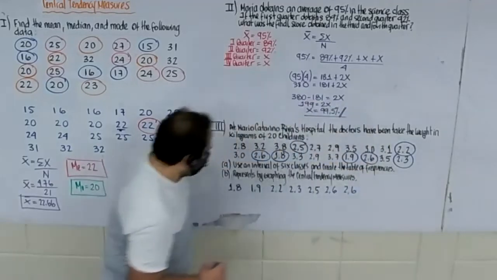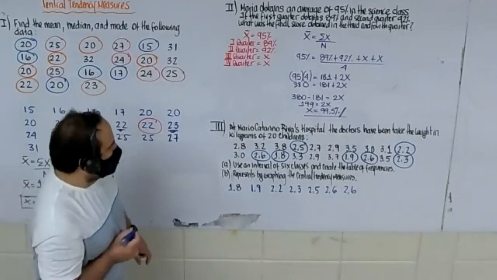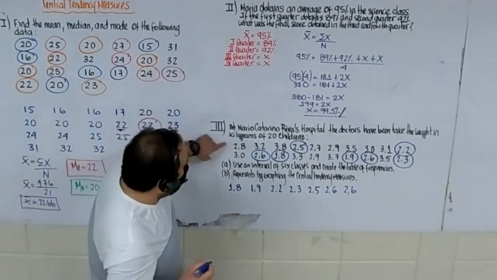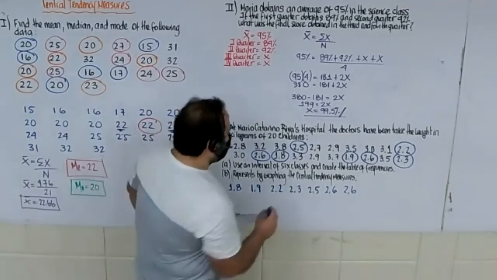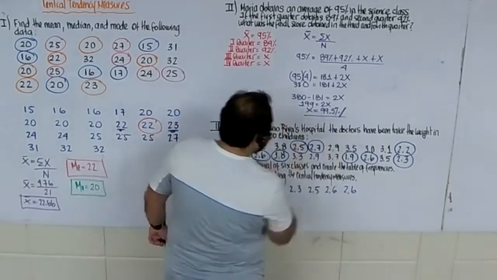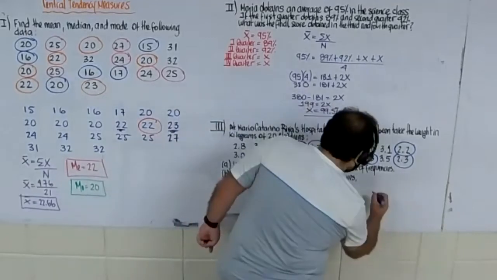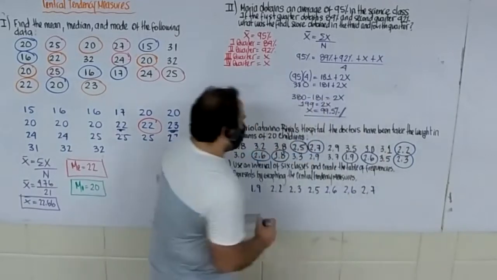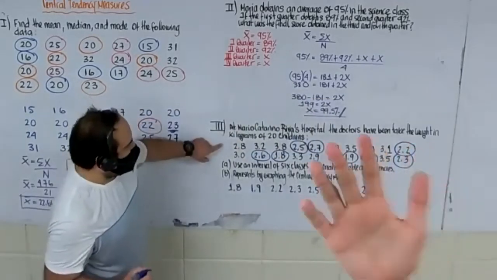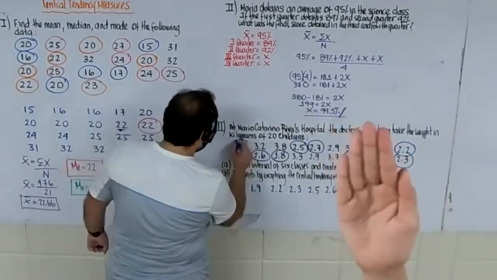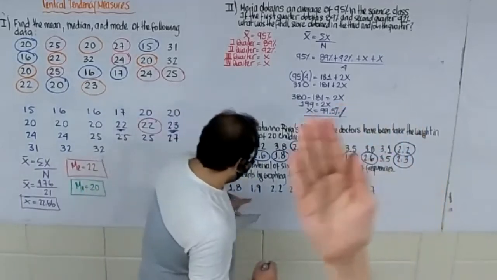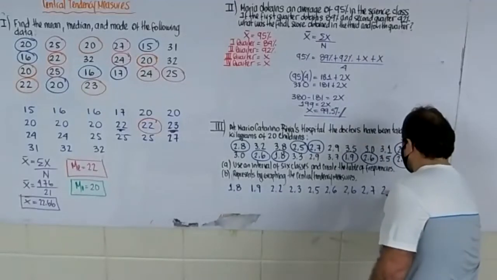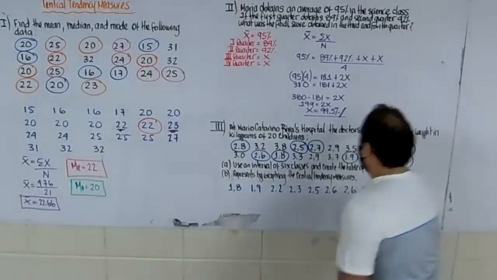After 2.6, that will be 2.8. No, 2.7. We got 2.8.